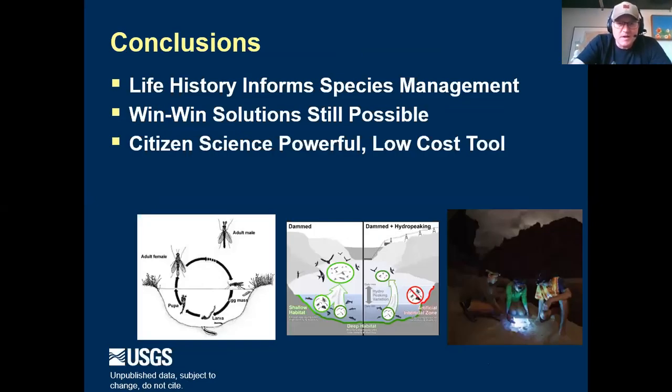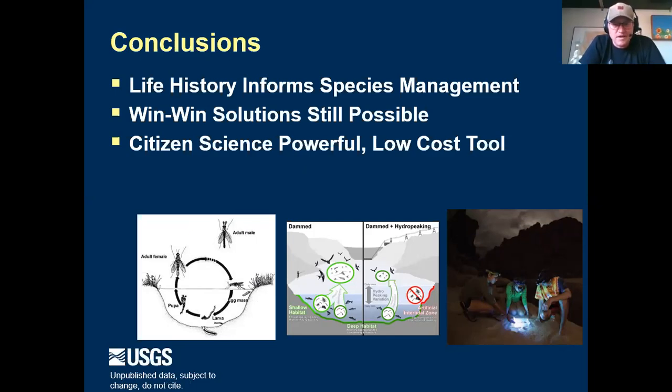And so, conclusions. Life history really informs species management. I think sometimes biologists tend to focus on a certain life stage of an animal. And one lesson from this talk is that we have to think about the whole life cycle of these animals.